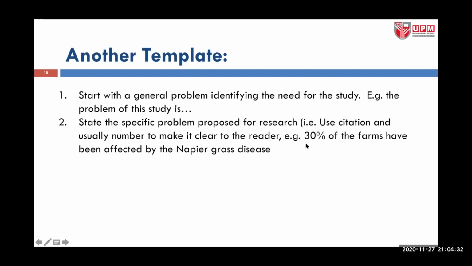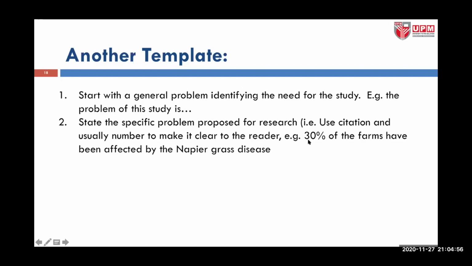For example, like 30% of farms have been affected by the Napier grass disease. So by saying that, you will already say that, oh, there are problems about Napier grass. You're talking about Napier grass, and then there is disease related to Napier grass.